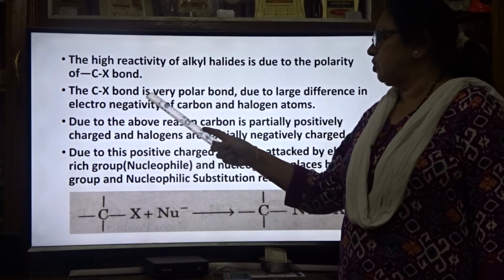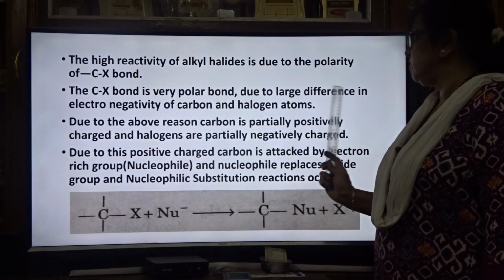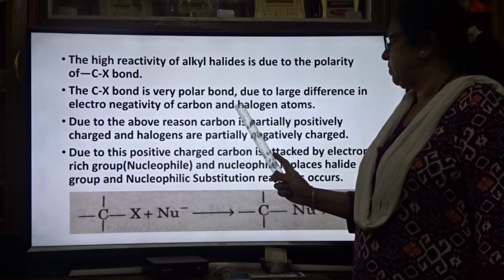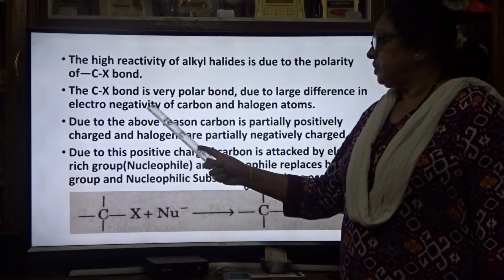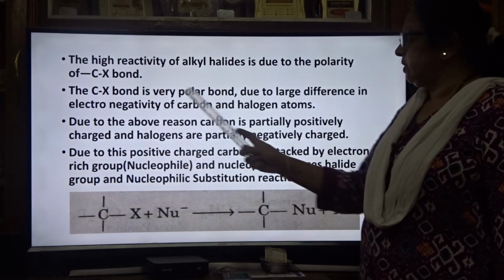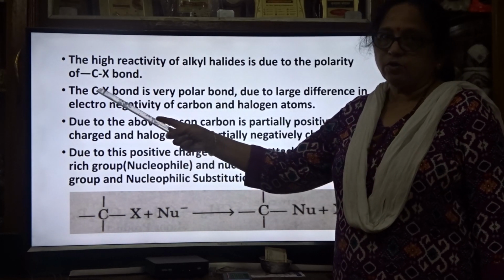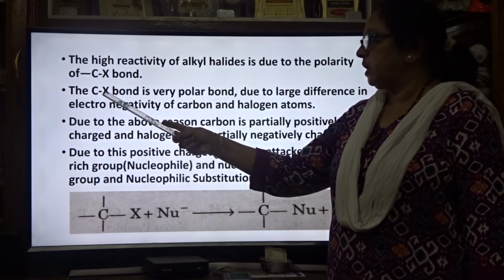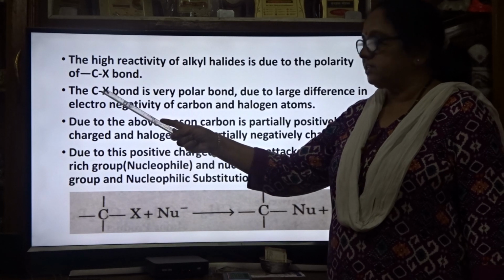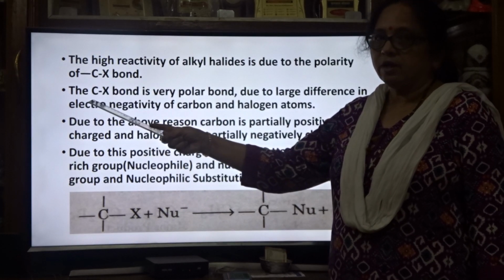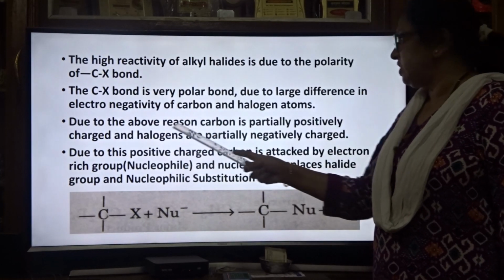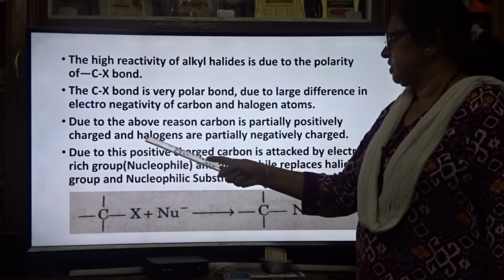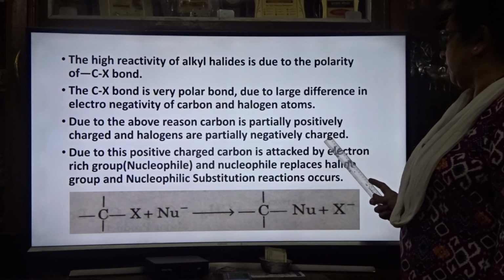The C-X bond is very polar due to the large difference in electronegativity between carbon and the halogen atom. Halogen X is more electronegative than carbon, so the electrons are withdrawn toward X, and X gets a partial negative charge and carbon gets a partial positive charge.